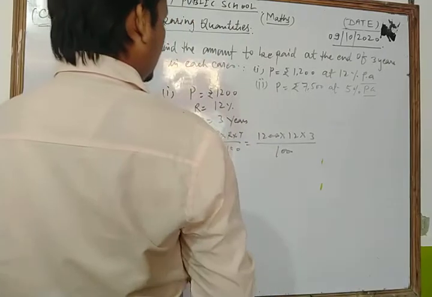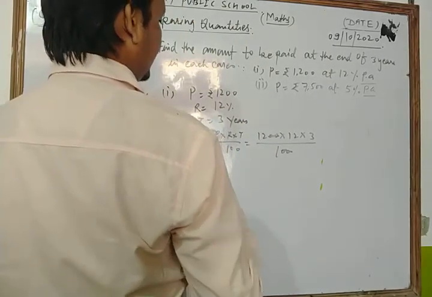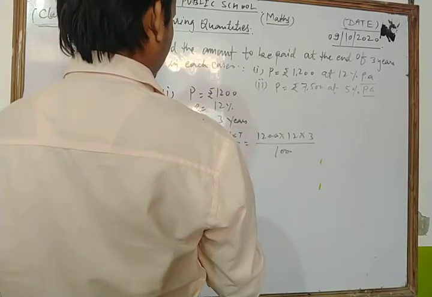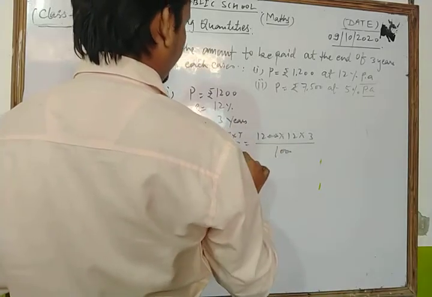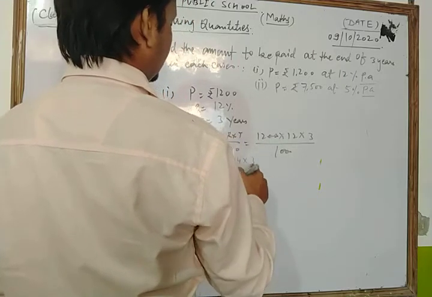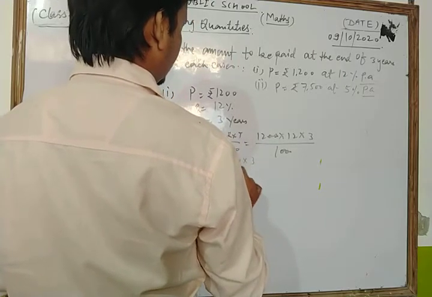The zeros cancel each other. Now what do we get, dear students? Let's see. Here we get 12 into 12 is 144, into 3. Now we multiply them: 432 rupees.